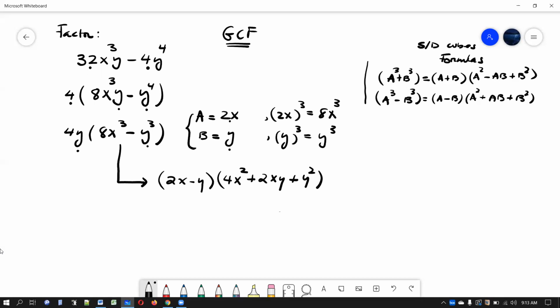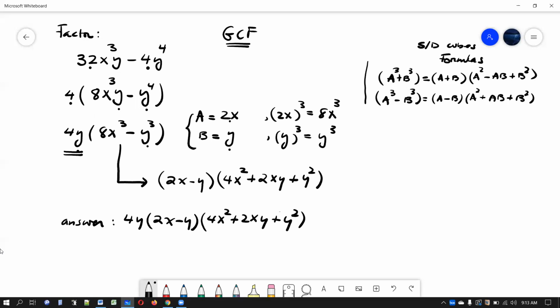Okay, so this is the factoring for the parentheses, but you must not forget this part over here. So your final answer is the 4y, the 2x minus y, and the 4x squared plus 2xy plus y squared.